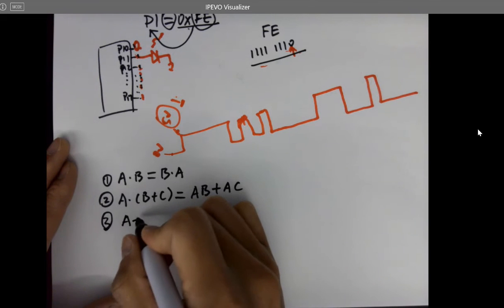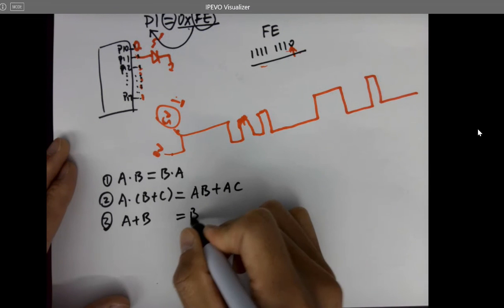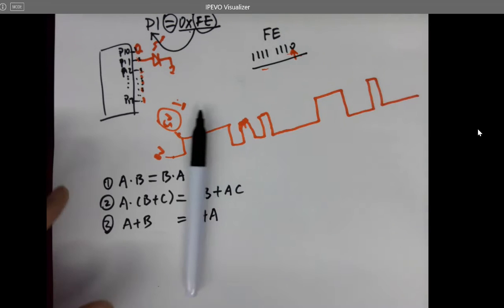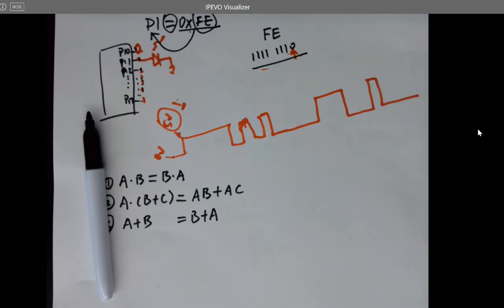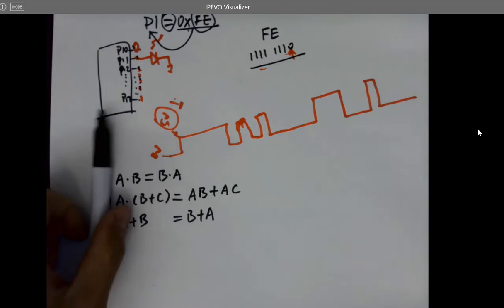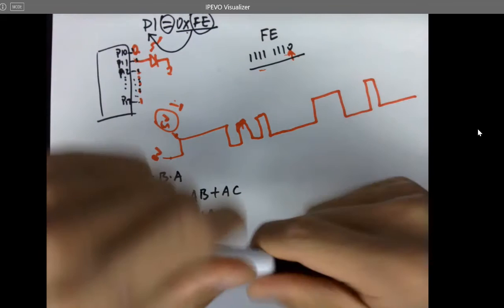A or B is B or A. All right. Done for Computer Logic 101.